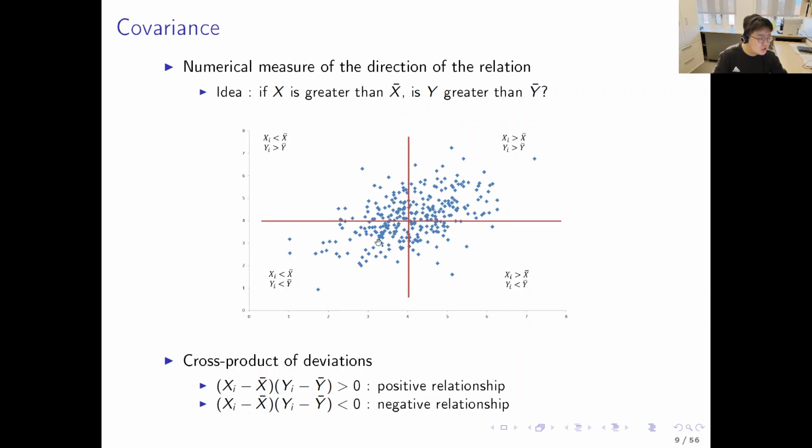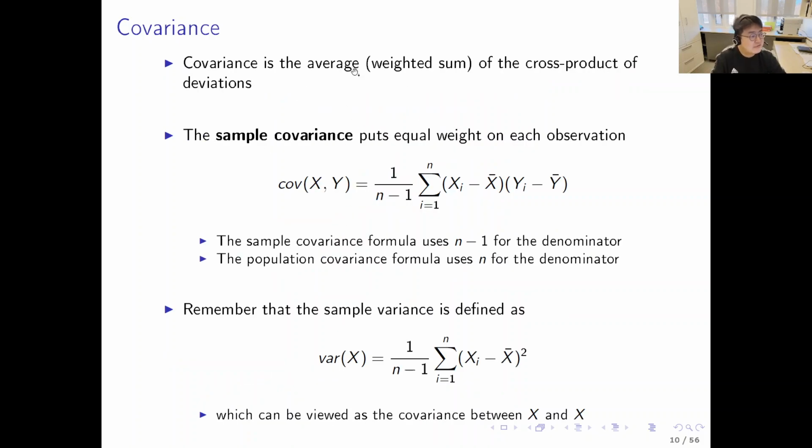So in this scatter plot, the first and the third quadrants' observations show positive relationship, and the second and the fourth quadrants show negative relationship. But we have to determine what the overall relationship is, what the dominating sign is. To do that, we take the average of the cross products of deviations, right? So like this, we have the x deviation and the y deviation, and we take the average. Sum and divide by the sample size.